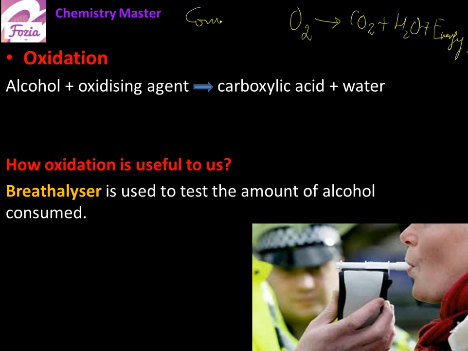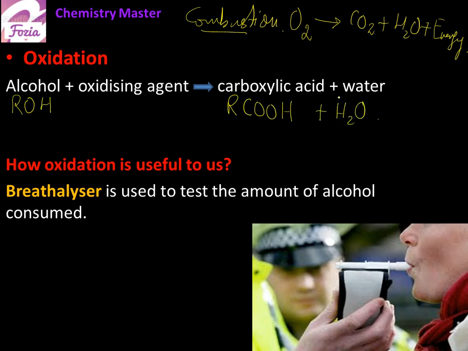Now we are going to study another reaction in which oxygen is taking part and converting alcohol to another class of organic compound, that is carboxylic acid, and water is the byproduct. You see here oxygen is in its atomic, nascent form, because this oxygen is coming from an oxidizing agent.